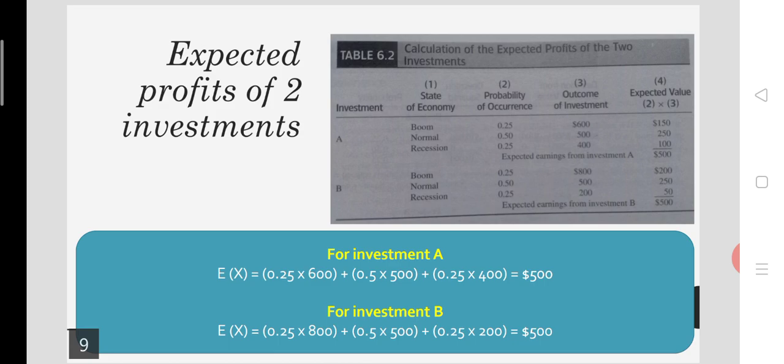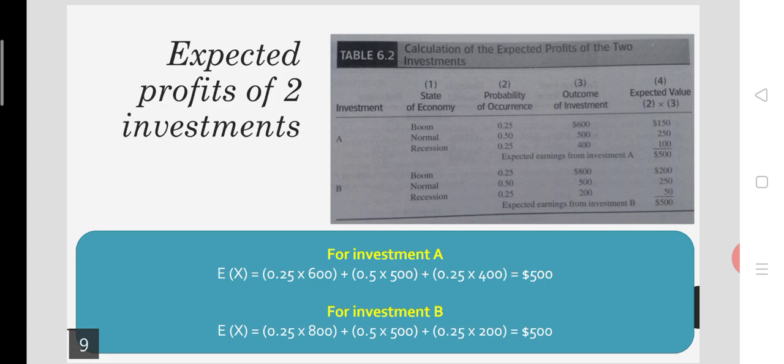Then when the economy is in a normal situation with a probability of 0.5, that means a 50% probability for the occurrence of normal economic conditions in future, the outcome of investment will be $500. So 0.5 into 500 is 250, so $250 is the expected value from investment B when the economy is in a normal situation.